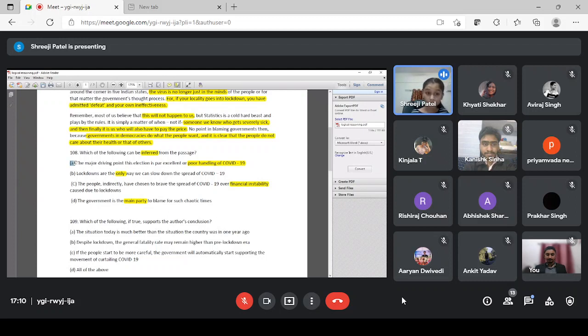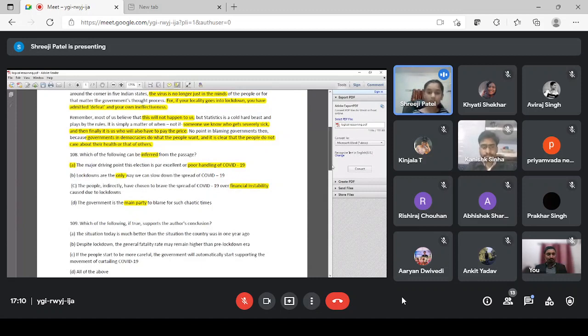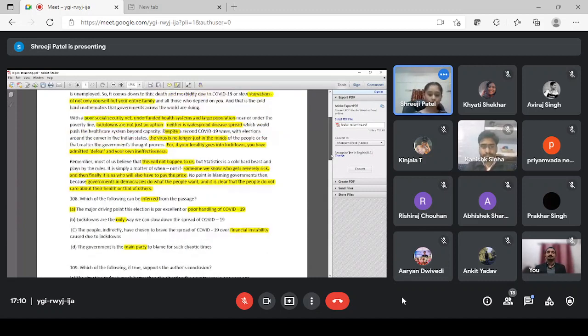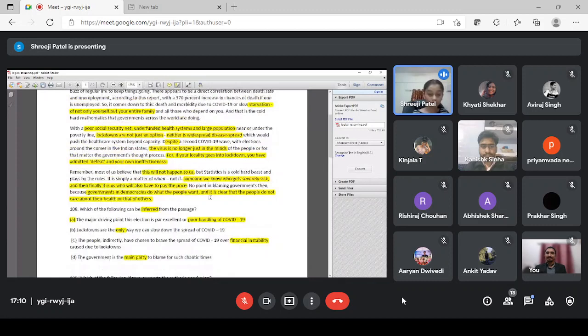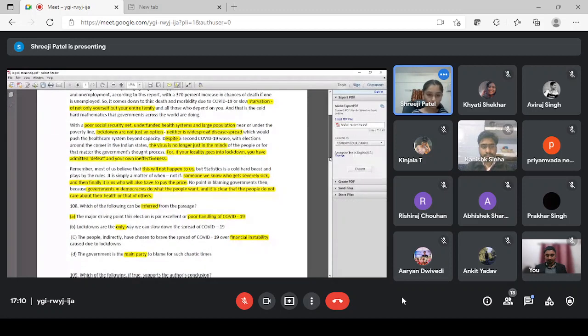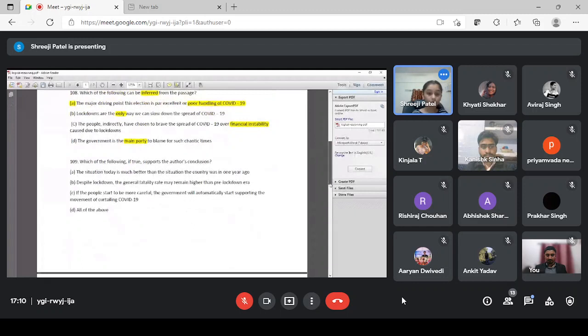We would mark option A because it is a bit related to the passage. Okay, it wasn't directly mentioned that they are poor at handling COVID-19, but what we can see from our morbidity rate is that yes, the condition of India was really bad, and they were not good at handling COVID-19. We can infer from those lines. But the other options are extreme, therefore, we wouldn't mark them. And I would proceed to the next question.